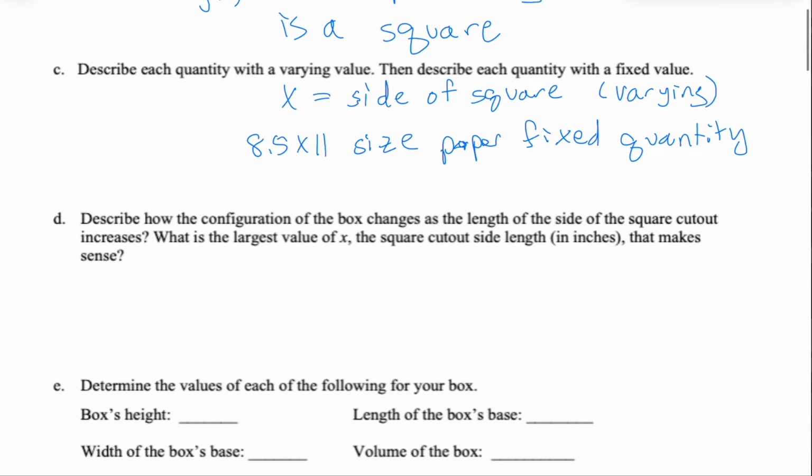Then it says, describe how the configuration of the box changes as the length of the square of the cutout increases. So as the length of the side of the square cutout increases, it would change the volume of the box, and our box would be a box with very long sides and a short, stubby, center portion.